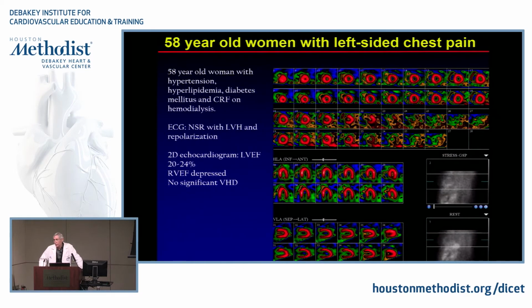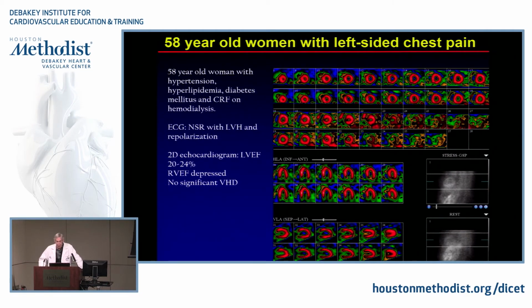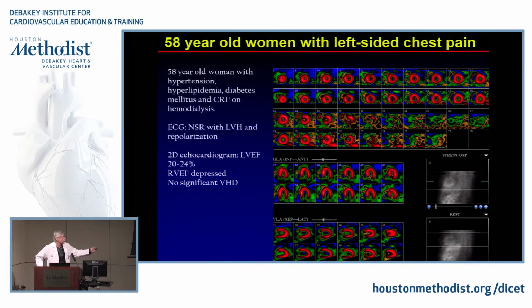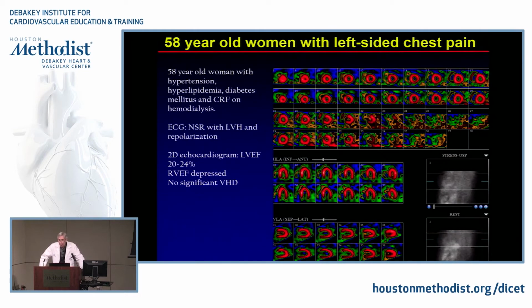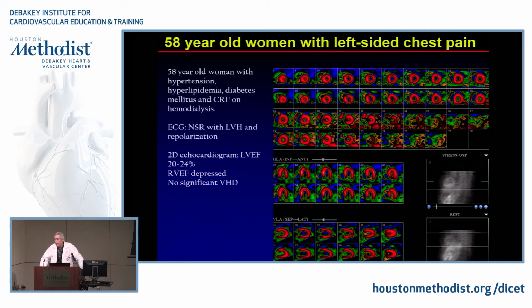Okay, so it's hypokinetic. The ventricle is moderate to severely hypokinetic, consistent with what we would have seen on the echocardiogram. And you'll notice that the right ventricle also is kind of hypokinetic, right? It's not moving very well.